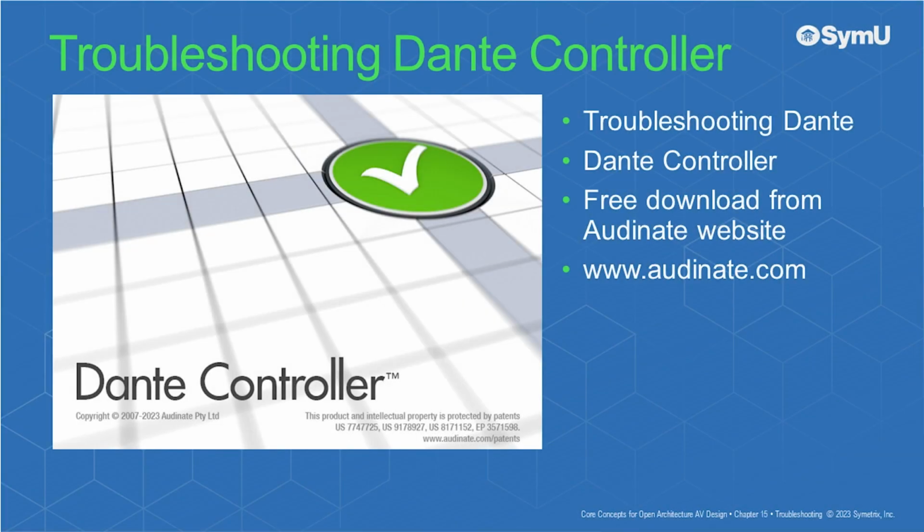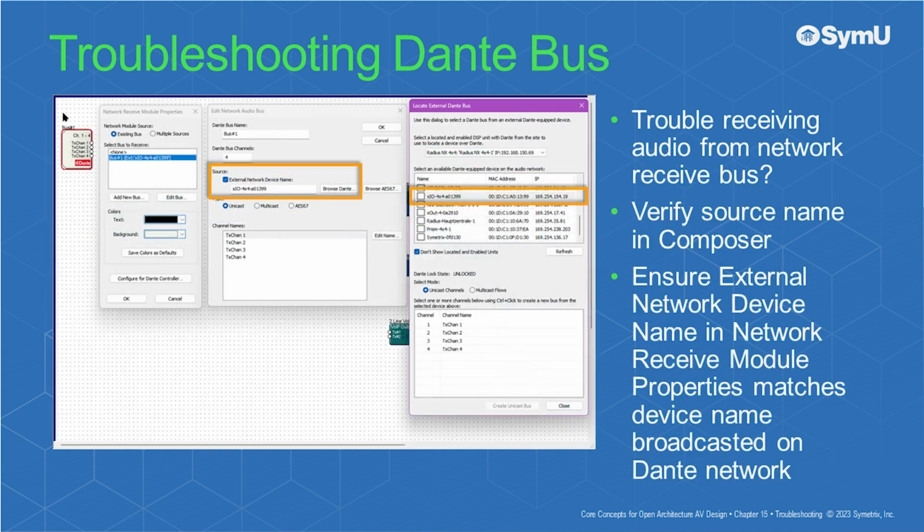When troubleshooting Dante, one of the most powerful tools is Dante Controller. Dante Controller can be downloaded for free from Audinate's website at www.audinate.com. A user account is required. When having trouble receiving audio from a network receive bus, before opening Dante Controller, verify the source name inside Composer.